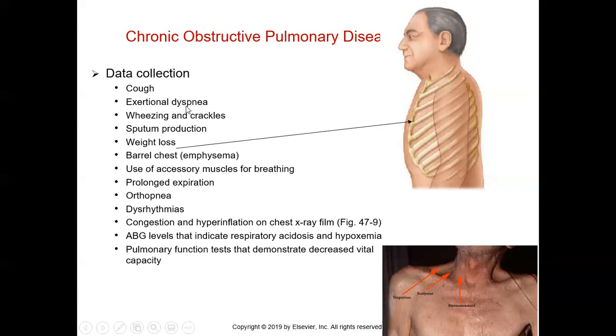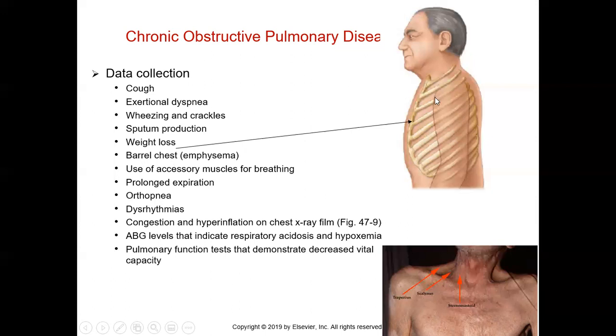So when the patient does something, the shortness of breath starts. Like angina, when the patient works, chest pain starts. And in COPD, when the patient starts to work, shortness of breath, wheezing or crackles, sputum production, weight loss, barrel chest.